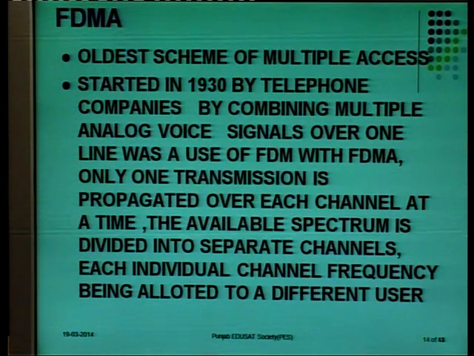So, the whole spectrum which is available for communication is divided into small separate channels, and each small separate channel is allotted to an individual user. So, each user can transmit or communicate over its particular individual frequency for the whole duration of time.